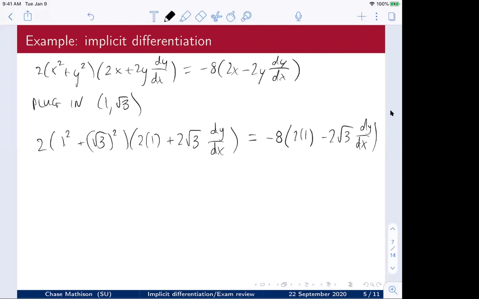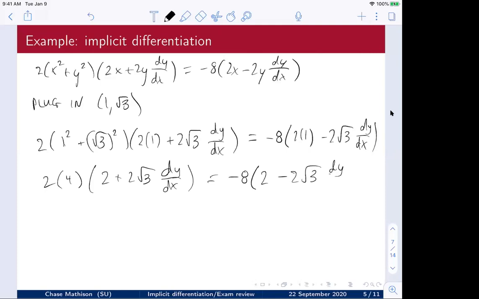This is going to be equal to 2 times 1 plus the square root of 3 squared. Well, square root of 3 squared is just 3, right? So this is going to be 2 times 4 times 2 plus 2 square root of 3 dy dx equals negative 8 times 2 minus 2 square root of 3 dy dx.